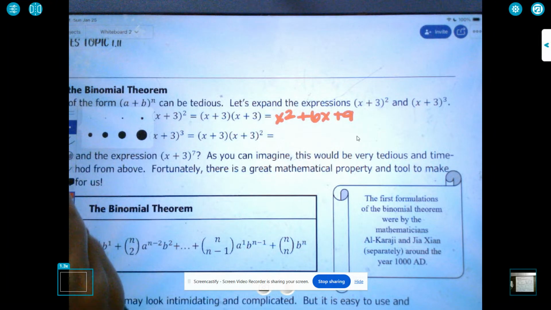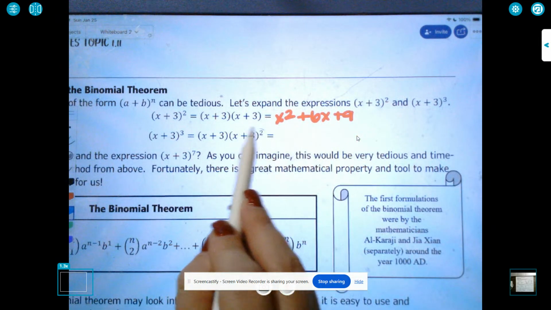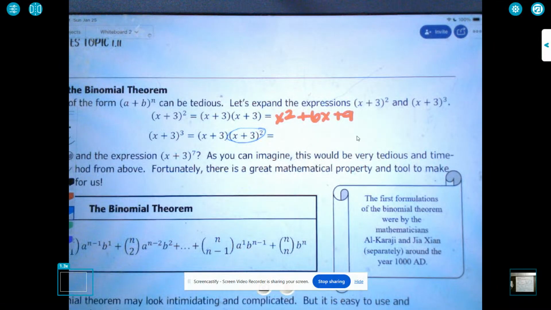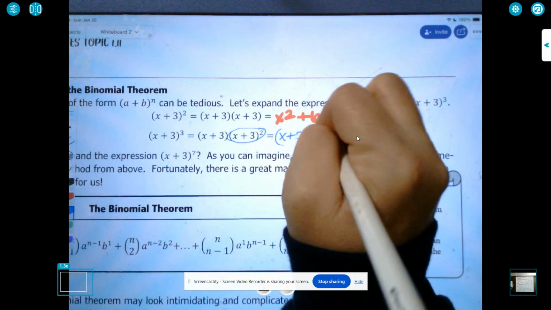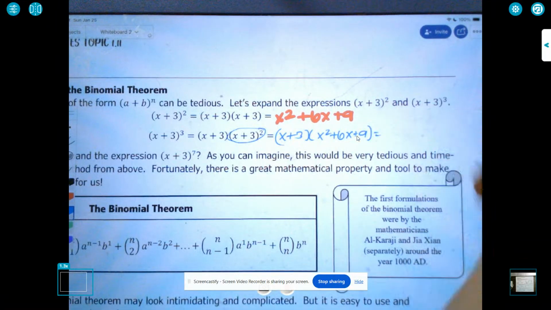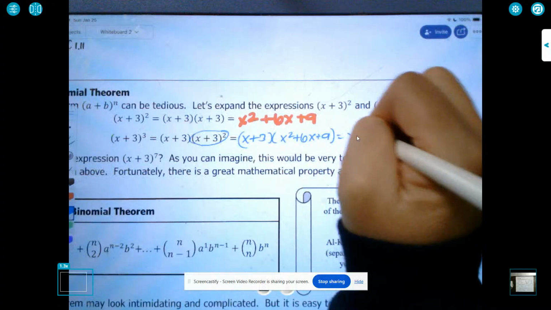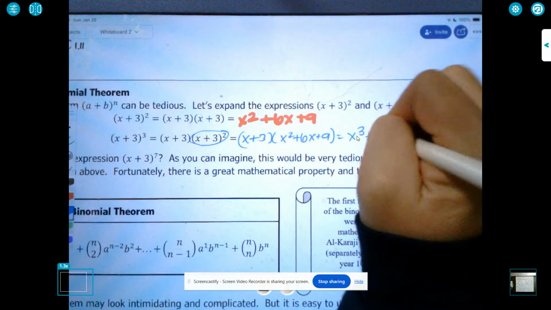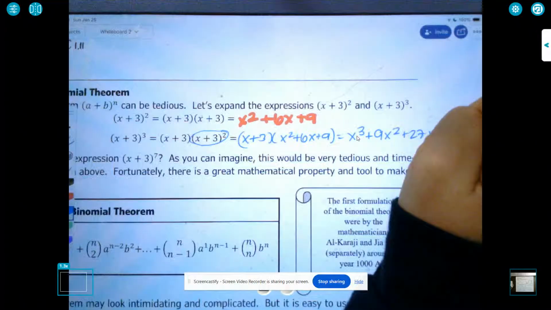Okay. Then if you look below that, we know that's x squared plus 6x plus 9, so we've got x plus 3 times x squared plus 6x plus 9. And then you would get the final answer for that to be x cubed plus 9x squared, if you worked all this out, plus 27x plus 27.